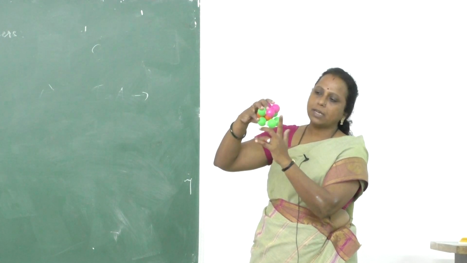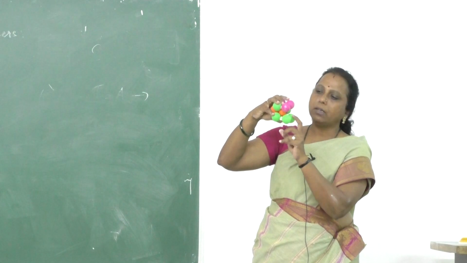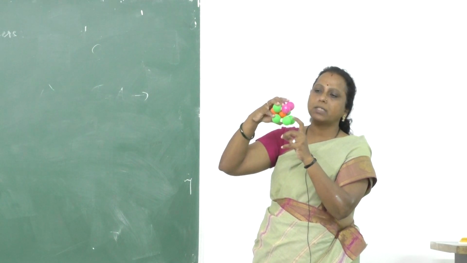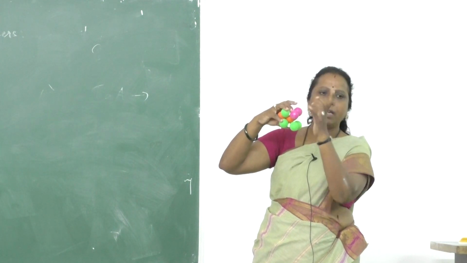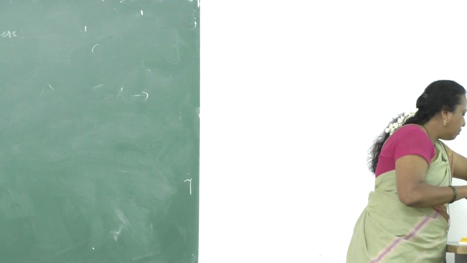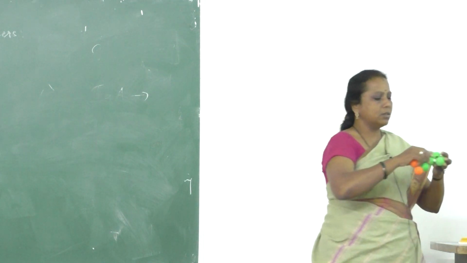First layer spheres and third layer spheres fall on each other horizontally, but not the second layer. So the second layer is different from the first and third layers. We call this ABAB packing.